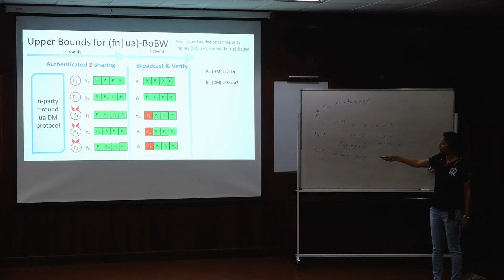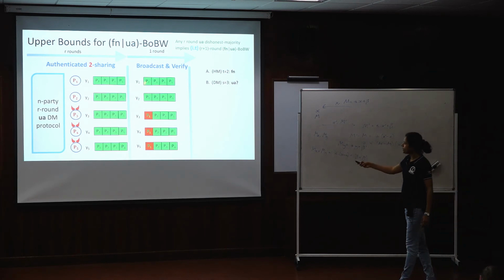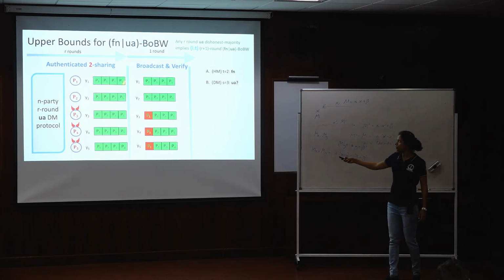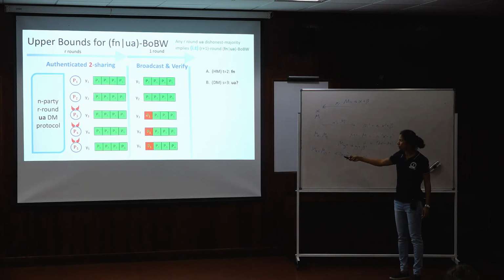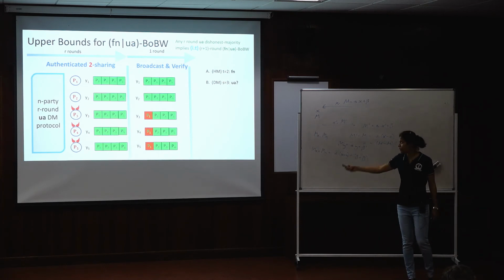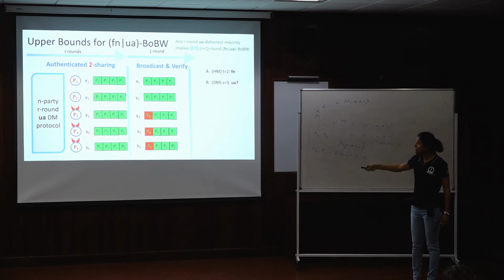But for Y3, Y4 and Y5, P1 is going to label all of them as invalid because all these MACs are polluted, they have been changed, and therefore P1 will conclude that these shares are not correct, right.